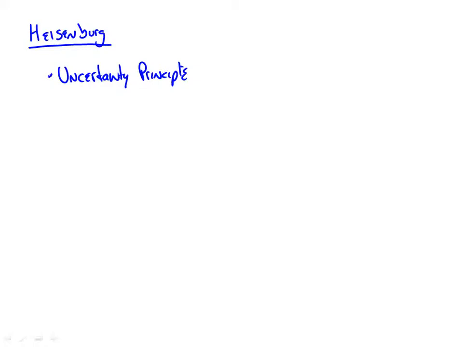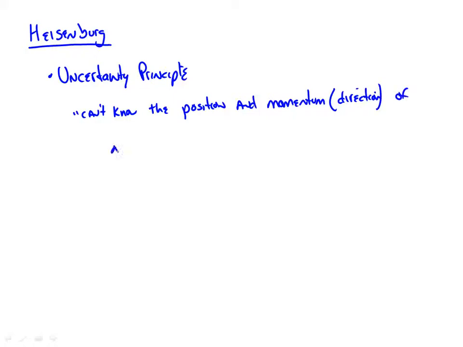Anyway, one of the things that Heisenberg is famous for is his uncertainty principle, which simply says that you can't know the position and momentum. Now, momentum's a physics-y term. We're just going to simply say the direction of an electron at the same time.